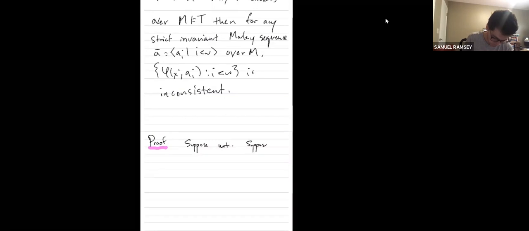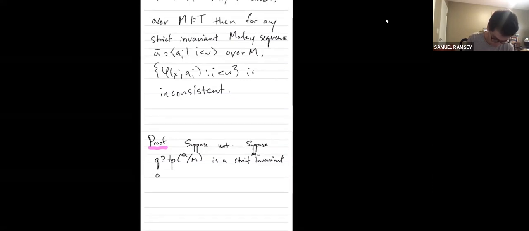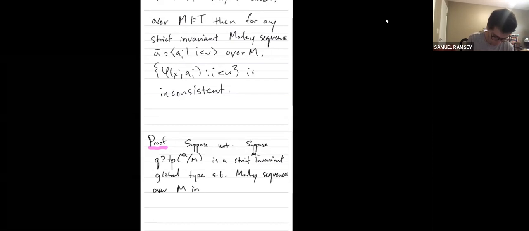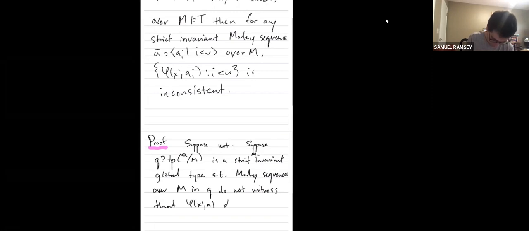Suppose Q extending the type of a over M is a strict M-invariant global type, such that Morley sequences over M in Q do not witness that phi(x, a) divides.